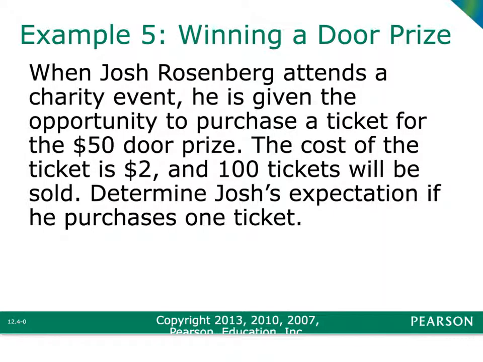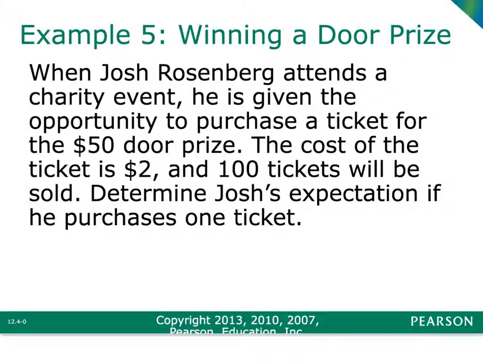We have another example for you that involves a little bit of gambling. It involves winning a door prize. When Josh Rosenberg attends a charity event, he is given the opportunity to purchase a ticket for the $50 door prize. The cost of the ticket is $2 and 100 tickets will be sold.